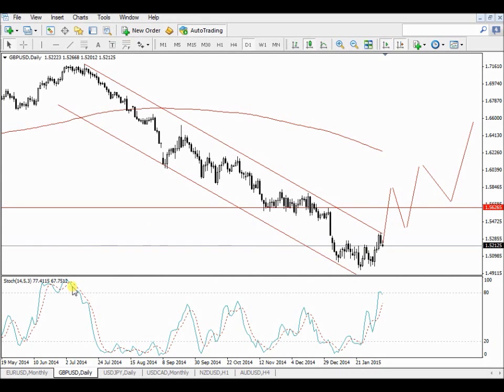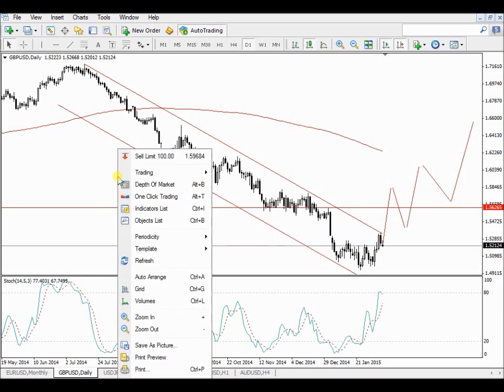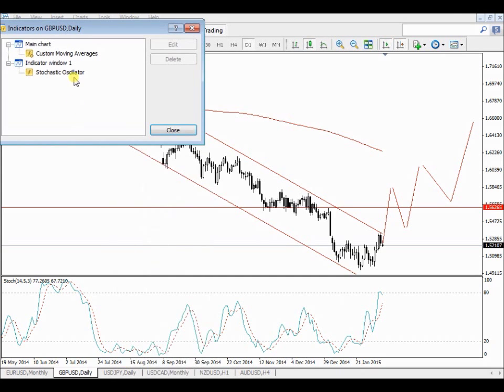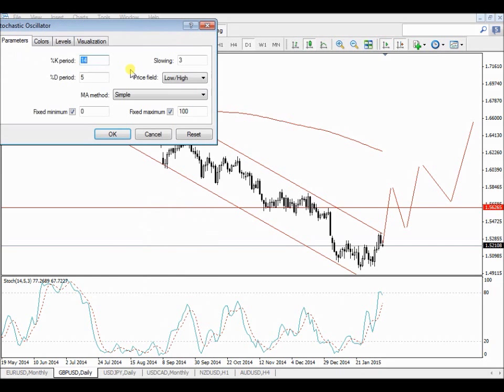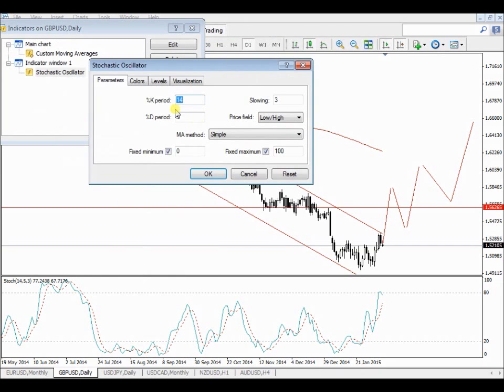Alright, you will see here there are two lines. There's a 14 and a 5. There's a 14 period and a 5 period. That is the same, you can say, as a 5 moving average and a 14 moving average that they just plot down here, and that is calculated percentage-wise.